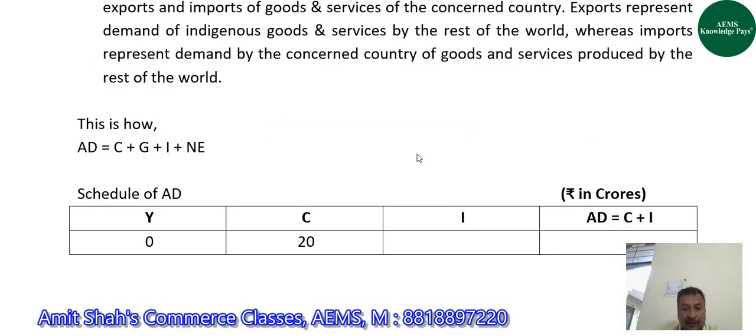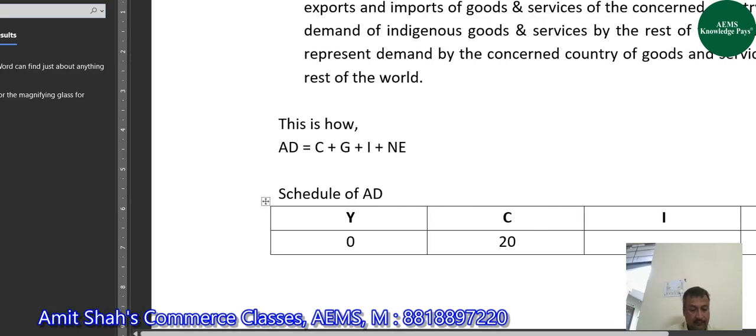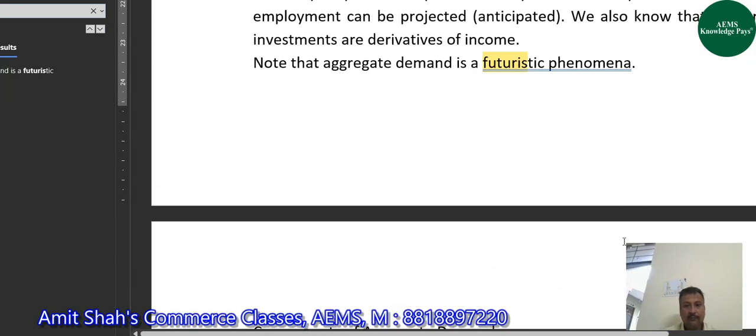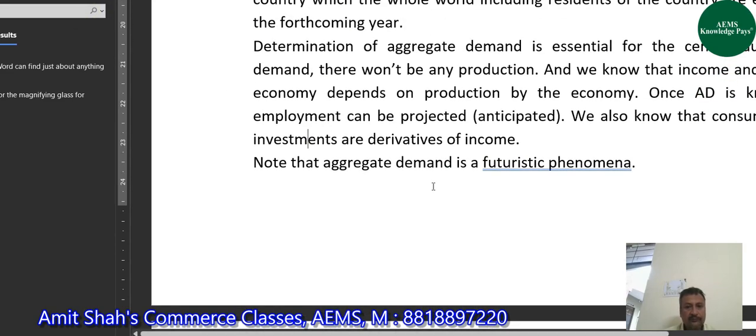Are you understanding? I explained to you that aggregate demand and aggregate supply, they both are futuristic terms. You remember this or not? I've written that also here. Note that aggregate demand is a futuristic phenomenon.